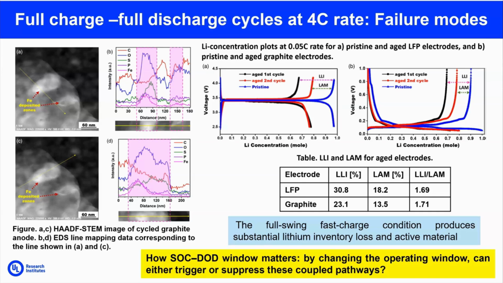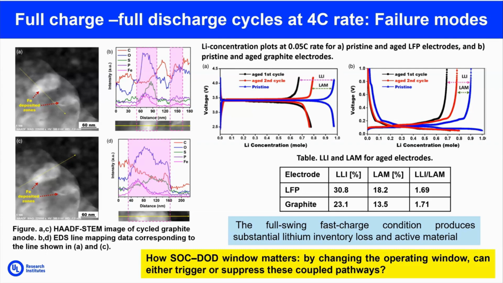So how do these two things impact what kind of modes happen in the cell as a function of this test condition? We harvested the pristine and the aged cathode and anode electrodes, and then did the initial electrochemical cycles, using lithium metal as a reference electrode in an off-cell to probe the amount of active lithium and dead lithium in both electrodes.